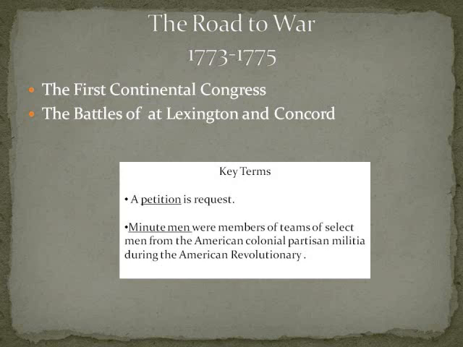The Minutemen were ready for the British in Lexington and Concord. The fighting in both cities marked the beginning of a long, bitter war between the British and its 13 colonies. The poet Ralph Waldo Emerson would later call the shots fired at Lexington and Concord the shot heard around the world.